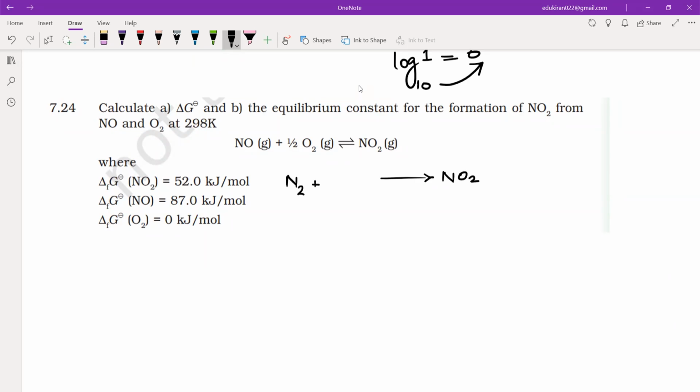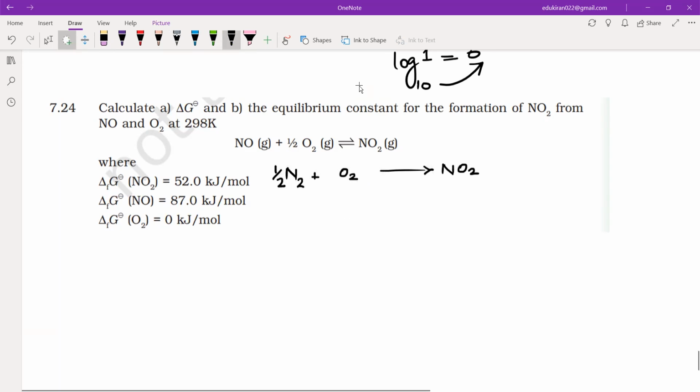So I will have to do half N2. Correct? Okay. So I think all of you agree with this. Let me take this a bit above. So this is the first reaction.